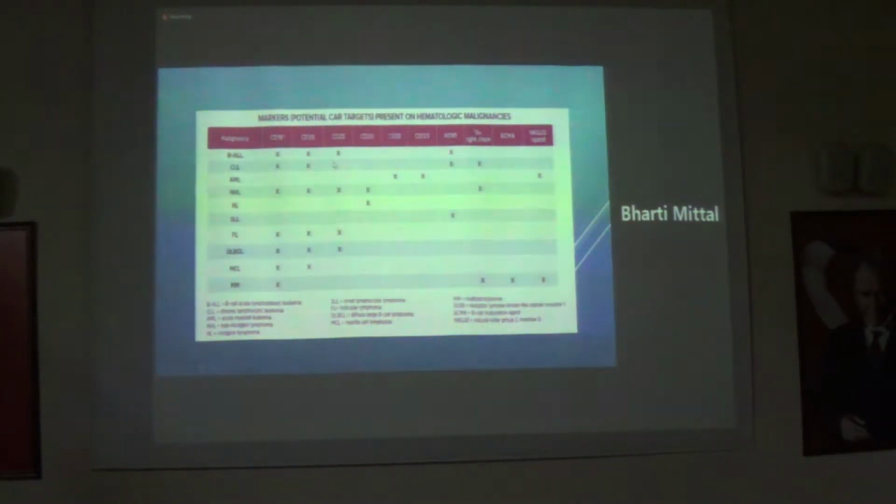So now let us see, there are several CD markers along with the different kinds of hematological malignancies for which the CAR T cells are either in the clinical trial phase or have already been approved by the FDA for therapeutic purposes. In the first column there are the hematological malignancies, and in rows there are the CD markers for which these CAR cells can be developed or are already in the therapeutic part.